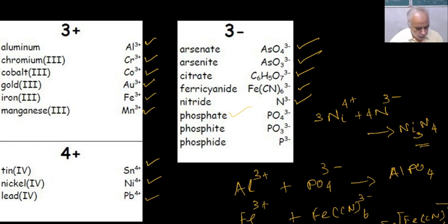For example, can you suggest the formula for calcium phosphate? How can we write calcium phosphate? It can be written like this: calcium is Ca2 plus, phosphate is PO4 3 minus. Now, as I already told you, we must ensure neutral charge for the resultant product. So here 2 plus, 3 minus.